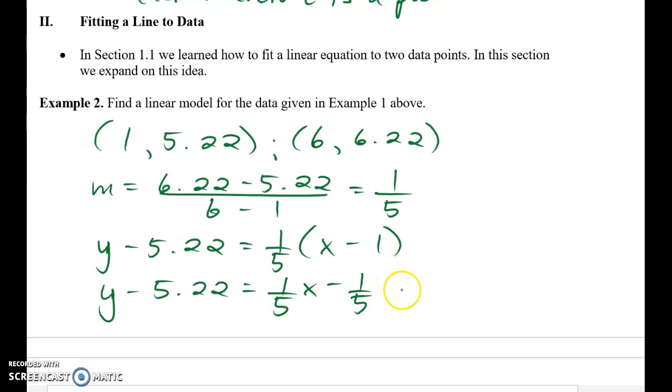And then we'd finish it off by adding 5.22 to both sides, which, if we do the math correctly, adding 5.22 to 1/5, which is also 2/10 or 0.2, we get 5.02. This particular equation, as well as the original point slope form, could be different, of course, based upon the 2 points that you pick, but this is our linear model for the data given.